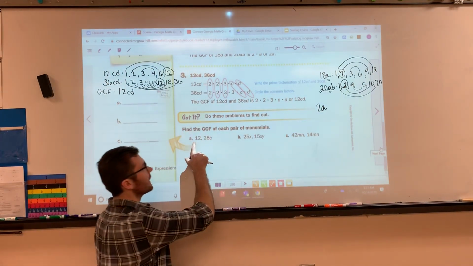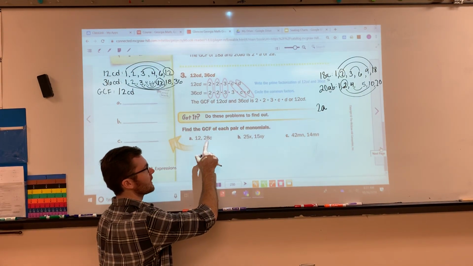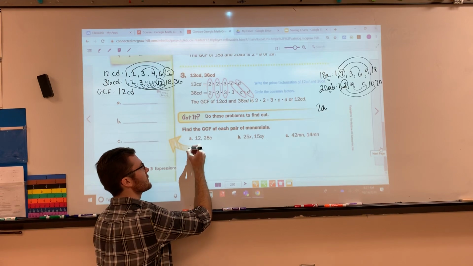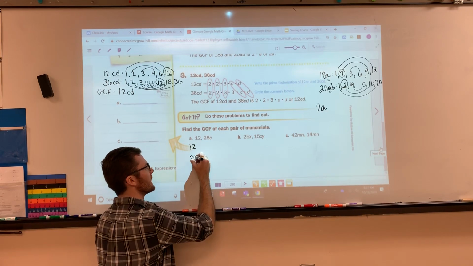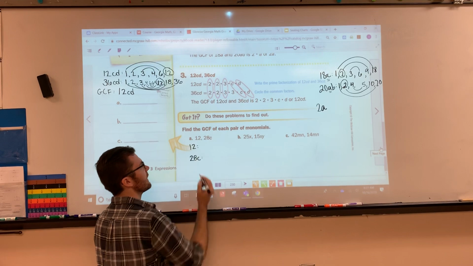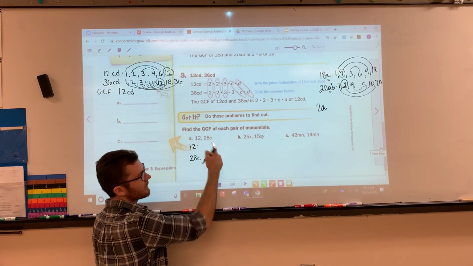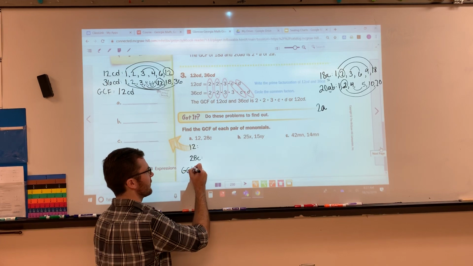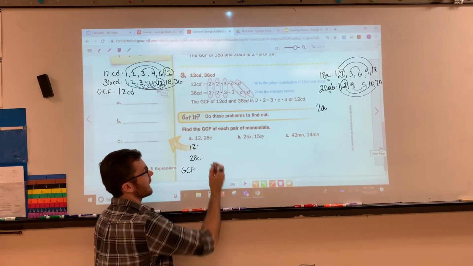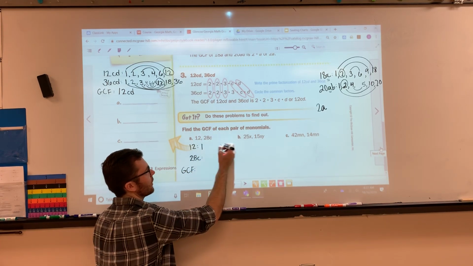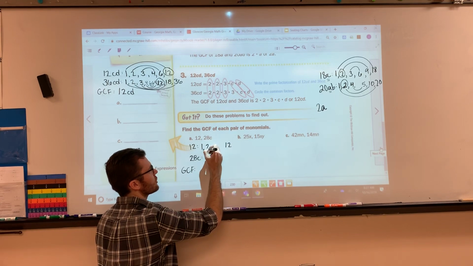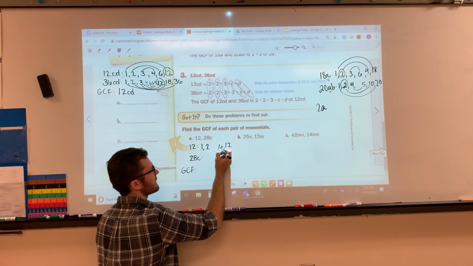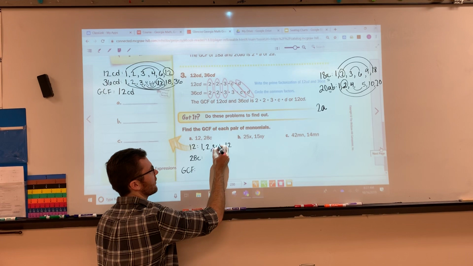Okay, for A, I have 12 and 28c. So I'm gonna list 12 and 28c. I know that they don't have any variables in common, so c is not gonna be part of this greatest common factor. But I can list my factors of 12. 1 and 12, 2 and 6, 3 and 4.